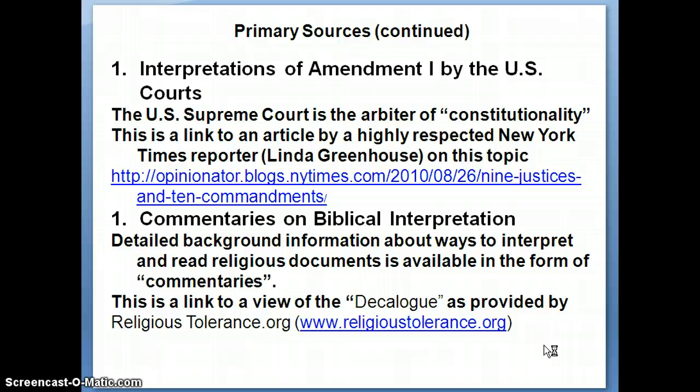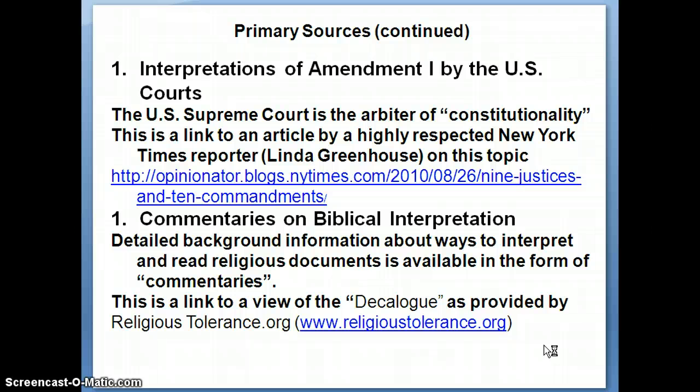I don't know about the minister in your church, but in my church, when my minister does research for a sermon, he probably looks at the notes he had from seminary, and he also looks at a commentary on biblical interpretation that gives him some background. That's exactly what the commentary does. It gives detailed background information about ways to interpret and read religious documents, and these are in the form of commentaries.